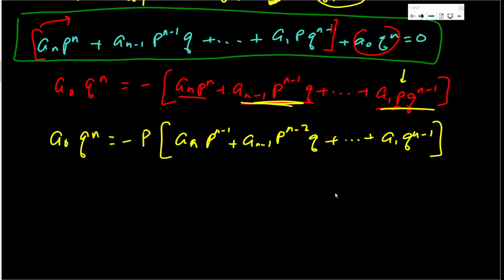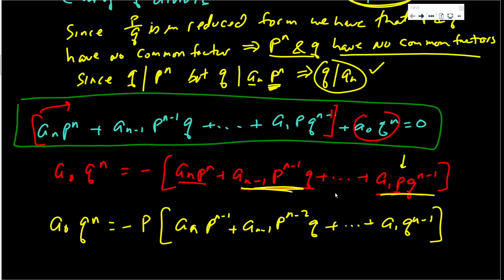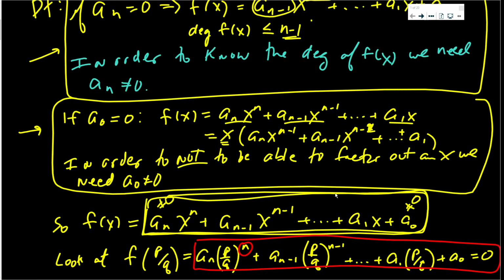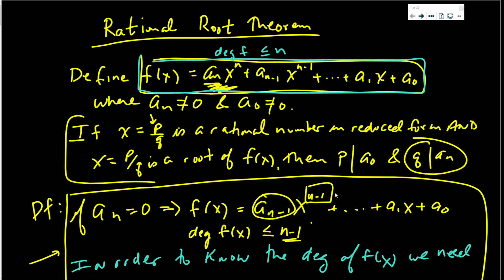Now, I guess I should have made one statement at the very beginning. So let's state that right now. a_n all the way down to a_0 are integers.